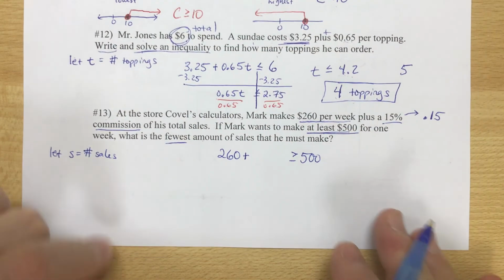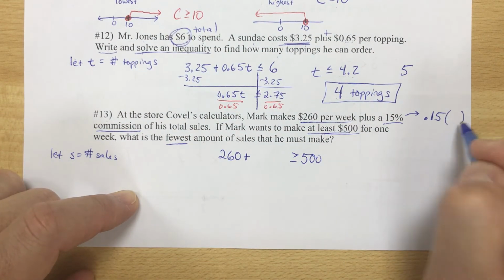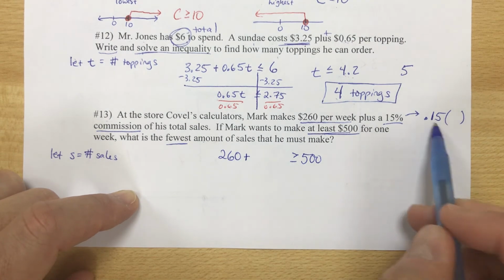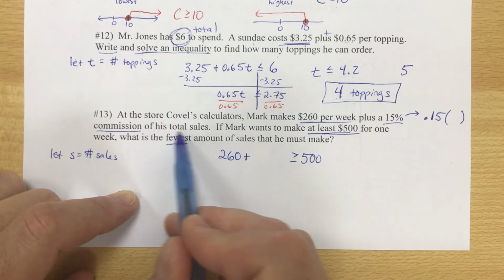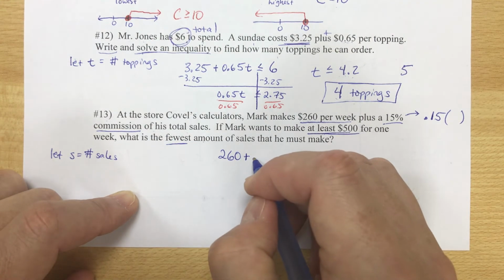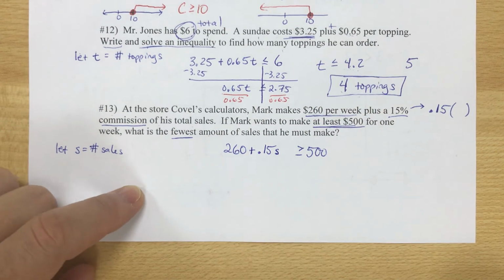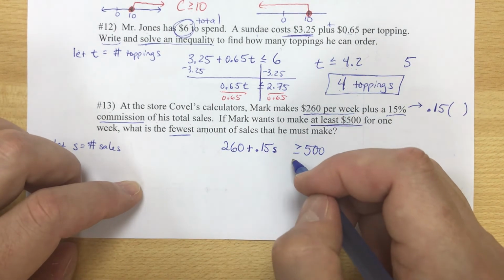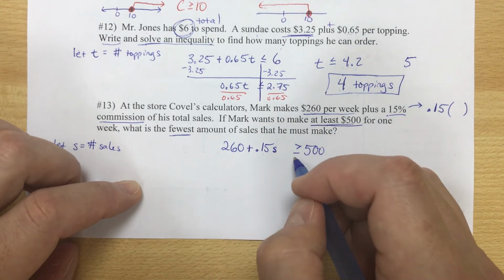If you make a fraction or a decimal of something, that means you multiply. Now we're multiplying by the percent of his total sales. So that's 0.15 times S. That's our inequality: $260 plus 15% of all his sales.